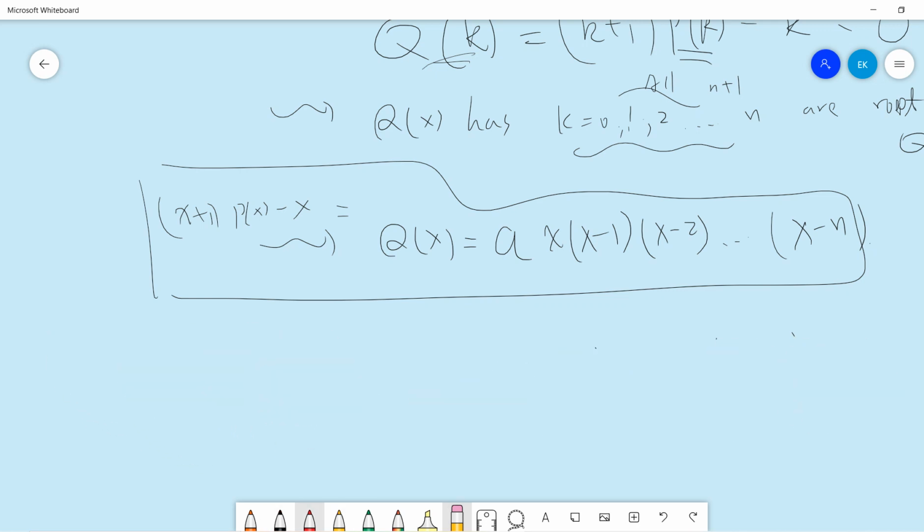So how do we find a? It's very easy. You can plug in x equals minus 1.